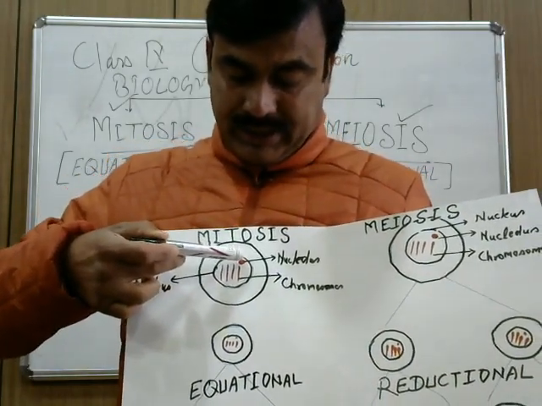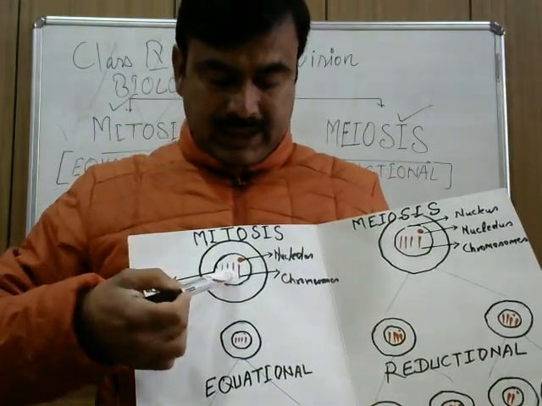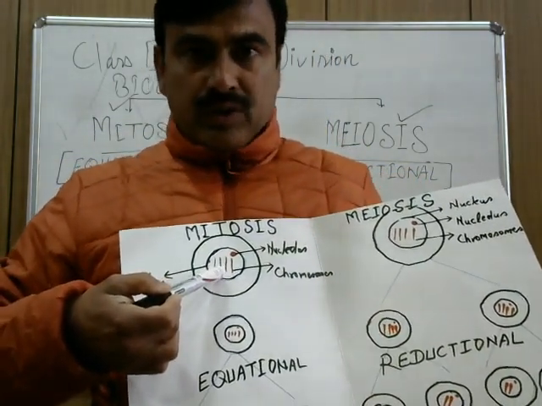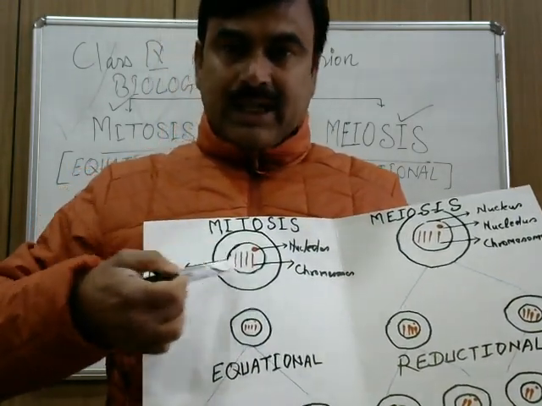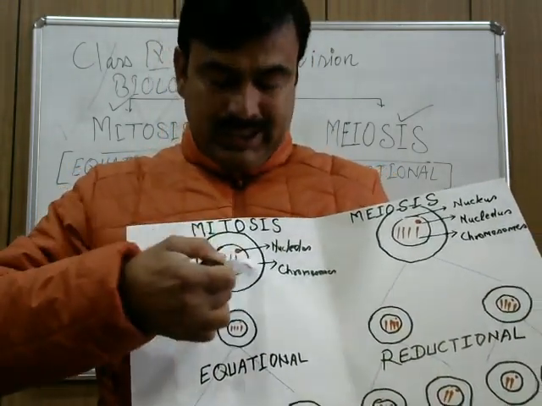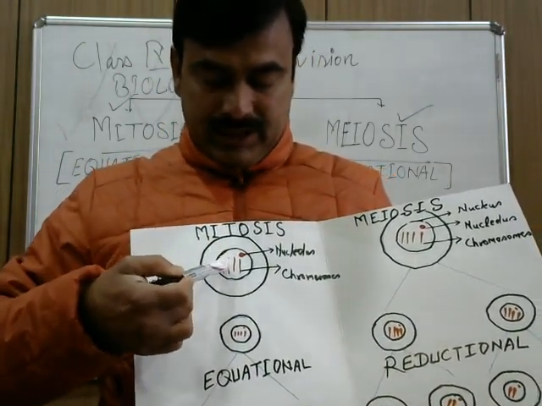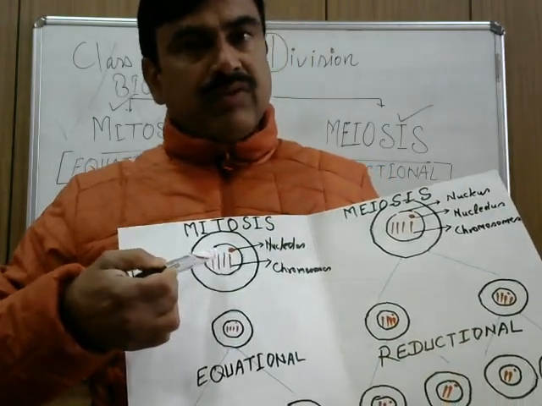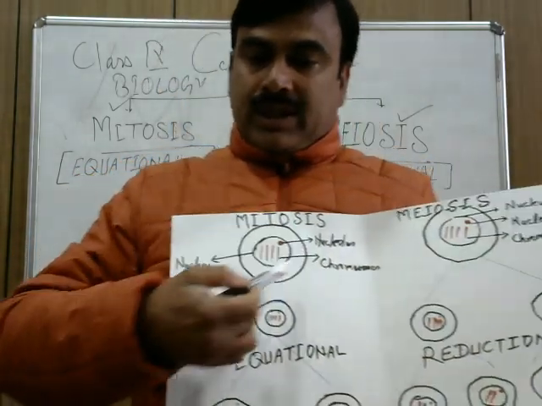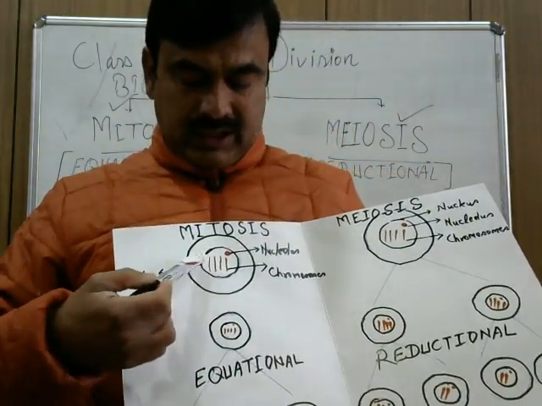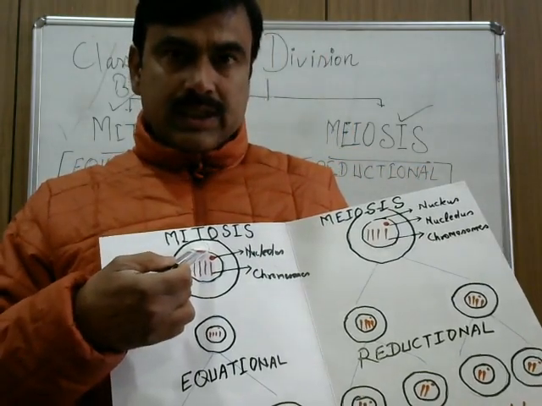It is a spherical, round-shaped structure, and the thread-like structure lying inside the nucleus is called chromosomes. So inside the nuclear membrane there is the nucleolus and chromosomes. Nuclear fluid is also there. As far as the structure is concerned, you will see the chromosomes and nucleolus.